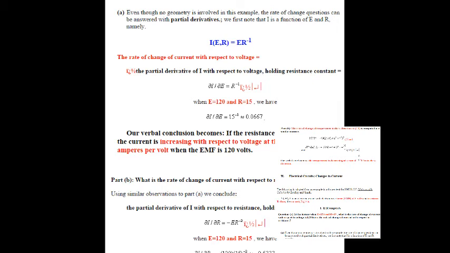Part B, the last one. What is the rate of change of current with respect to resistance?